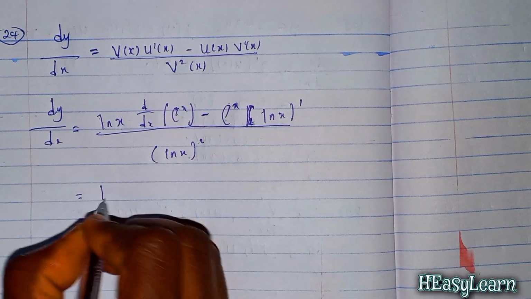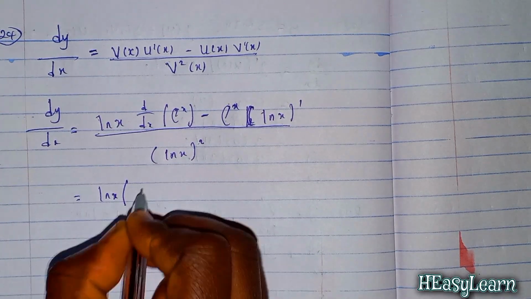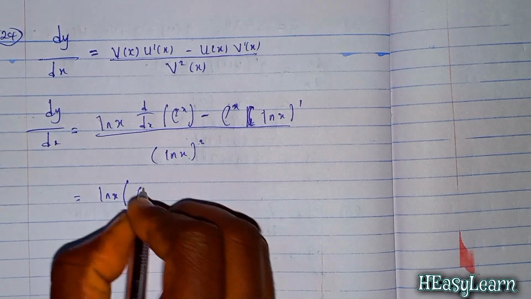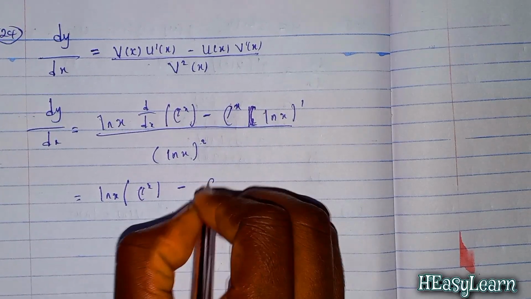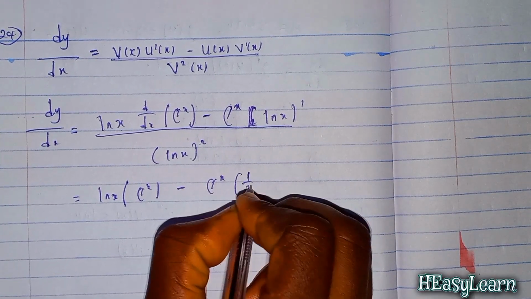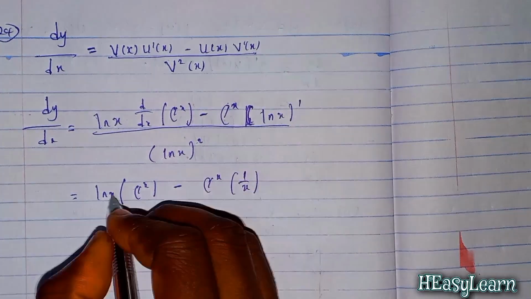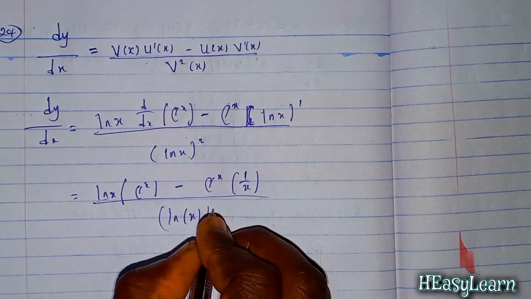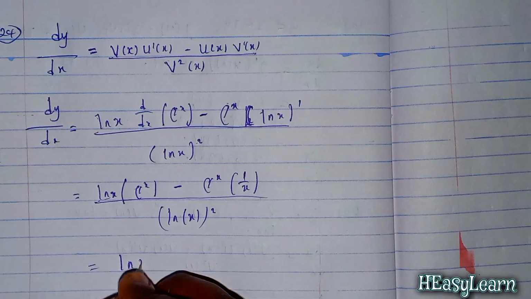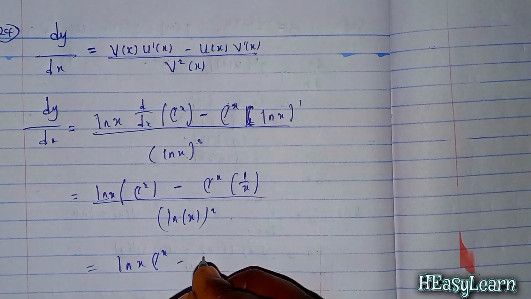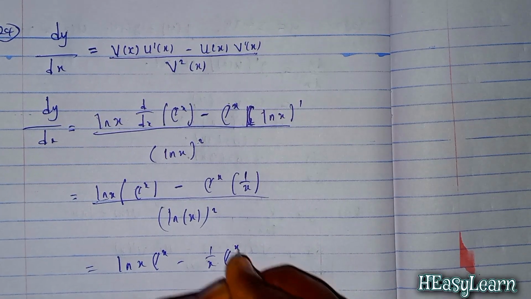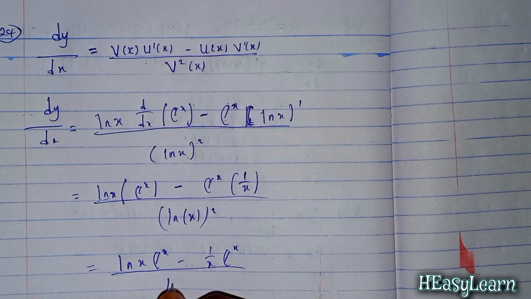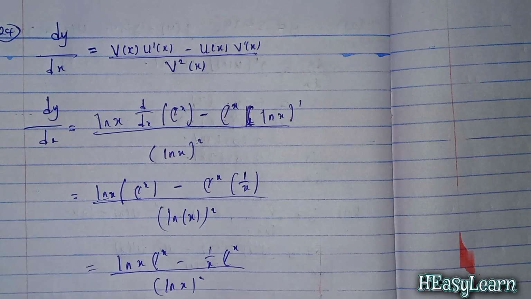This is the same thing as ln x. What is the derivative of exponential x? It is exponential x, minus exponential x times 1 over x, the derivative of this, over (ln x) all squared. This is the same thing as ln x exponential x minus 1 over x exponential x, over (ln of x) all squared.